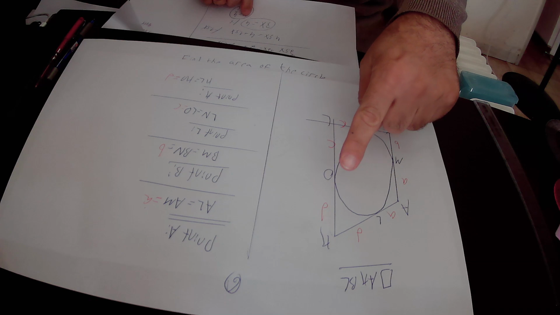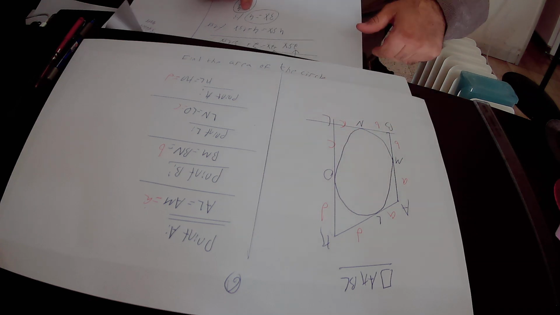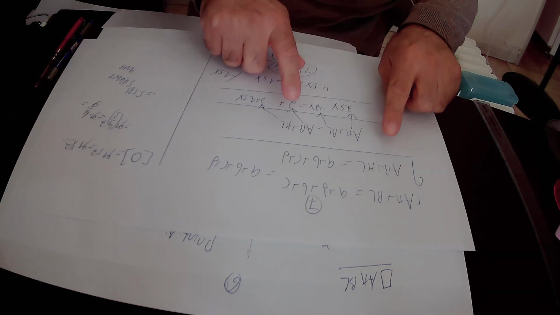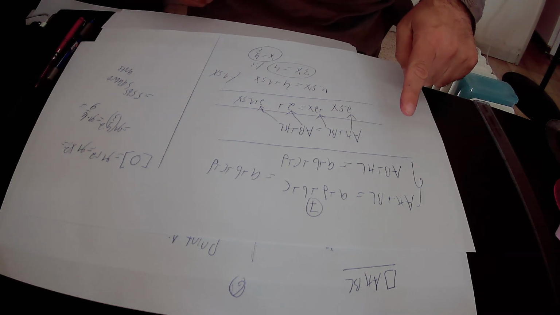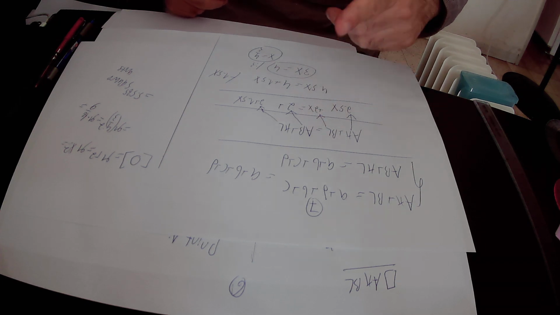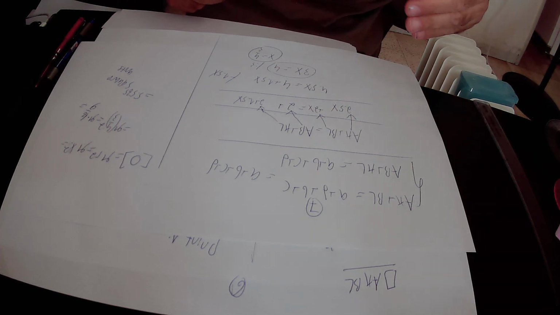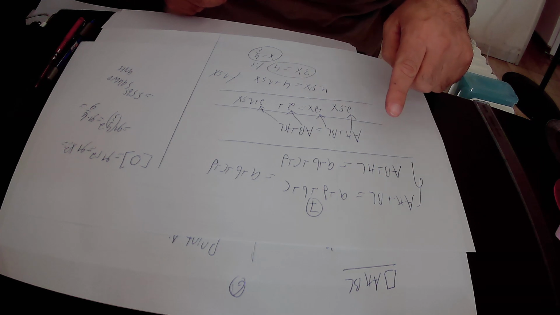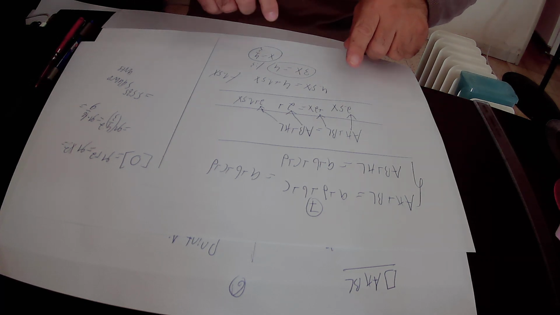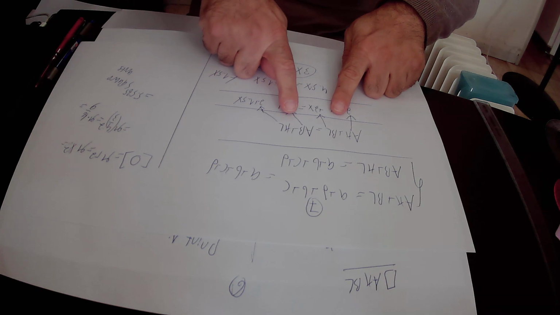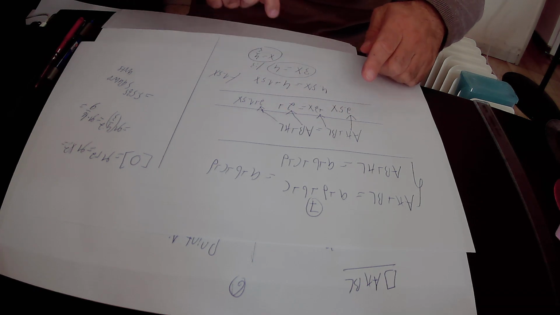KL is C plus D, so we substitute KL by C plus D. So in conclusion, we found out that AB plus KL equals A plus B plus C plus D. So both AK plus BL and AB plus KL equal A plus B plus C plus D, therefore they actually equal each other. So you can write down that AK plus BL equals AB plus KL.